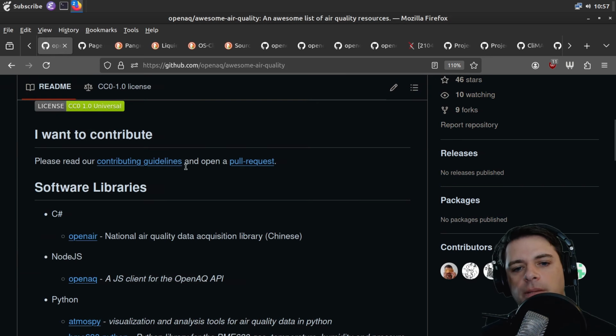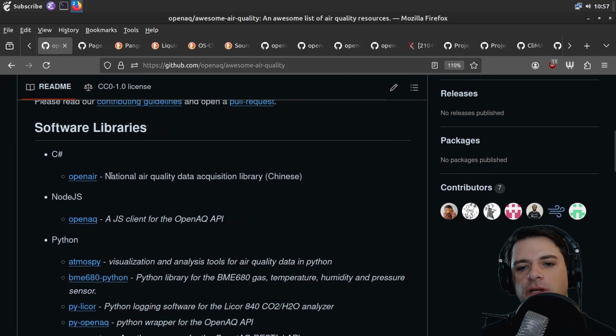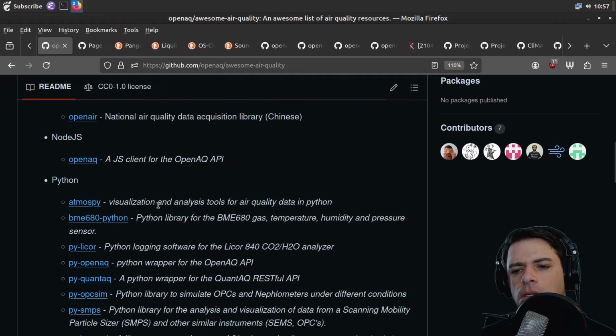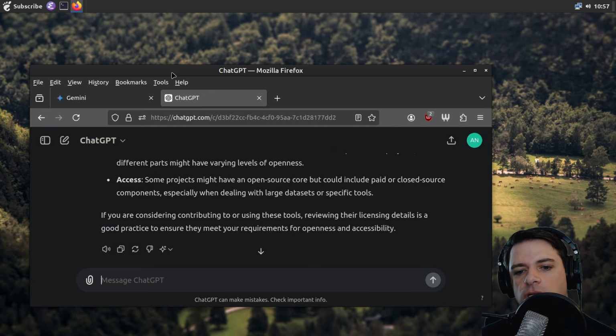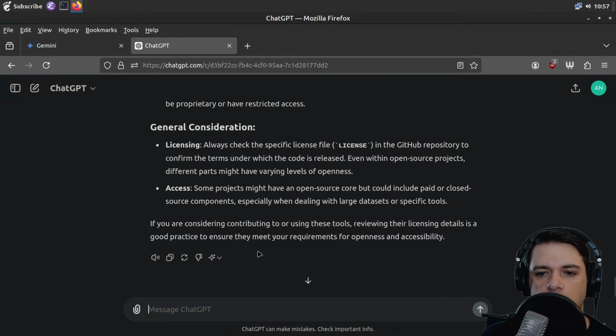Okay, open air quality. Some software libraries. Oh, I think this is mainly for handling the data.